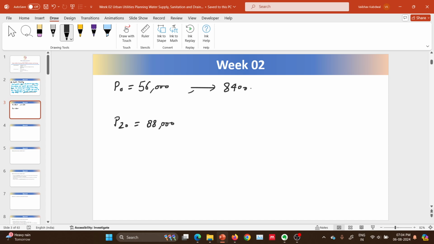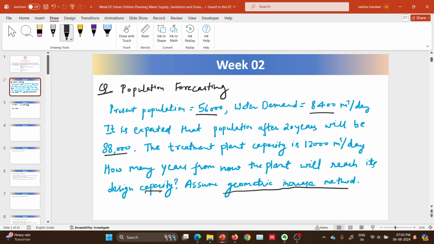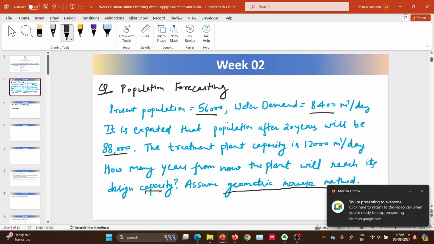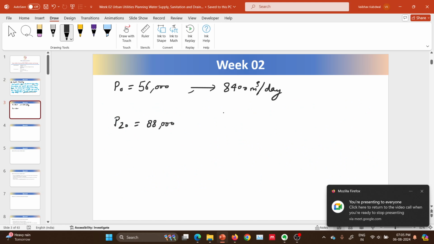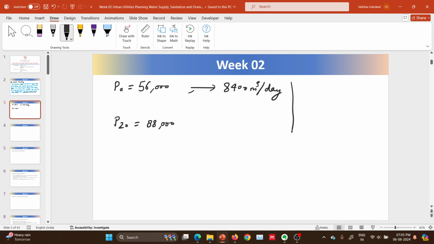And the treatment plant capacity is 12,000 meter cube per day.